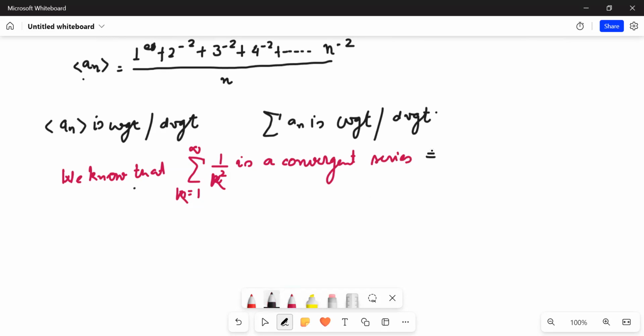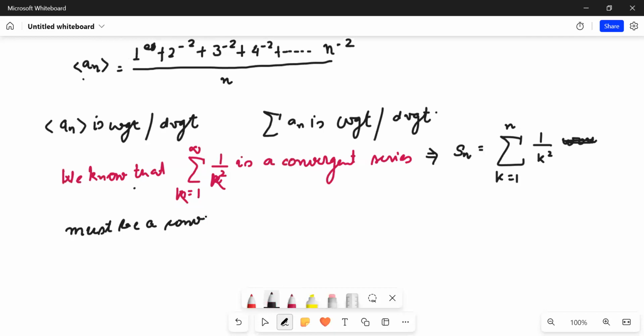It implies what? It implies that Sn, which is equal to summation k equals 1 to n of 1 upon k square, must be a convergent sequence.